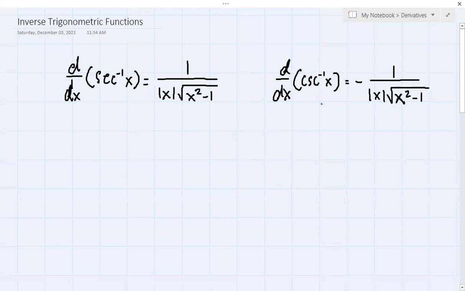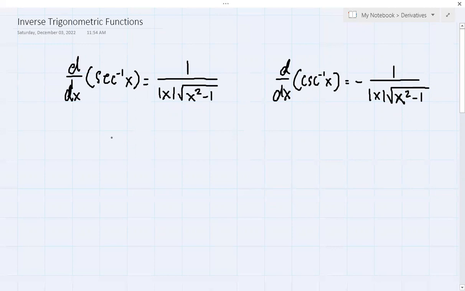Ayan. You see? Dito pala makikita nyo agad yung pattern dito. I think you actually notice it. Si sine, positive. Si cosine, negative naman sa kanya.